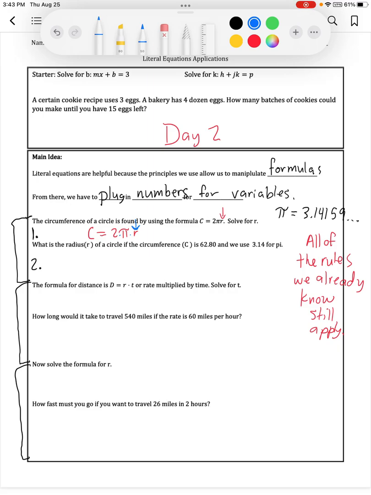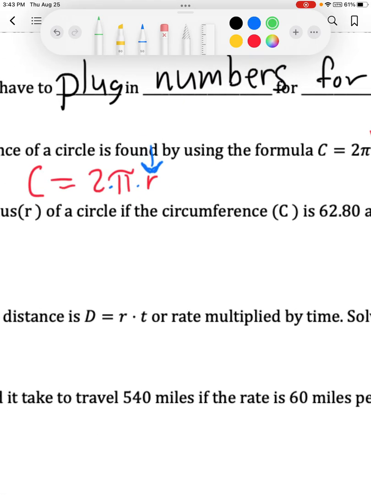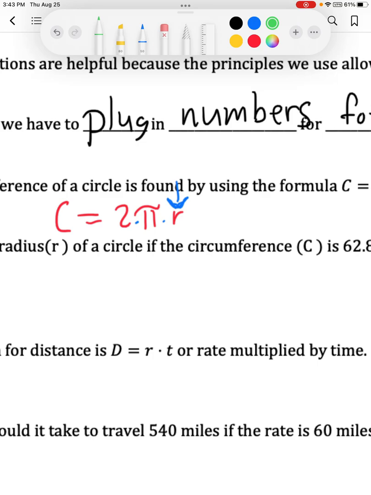Division. So if we divide one side by something, we have to divide the other side by it as well. So we want to get the r all by itself, so we can go ahead and divide by 2 and divide by pi. We can do that at the same step. If we divide that side by 2 pi, that means we have to divide this side by 2 pi.